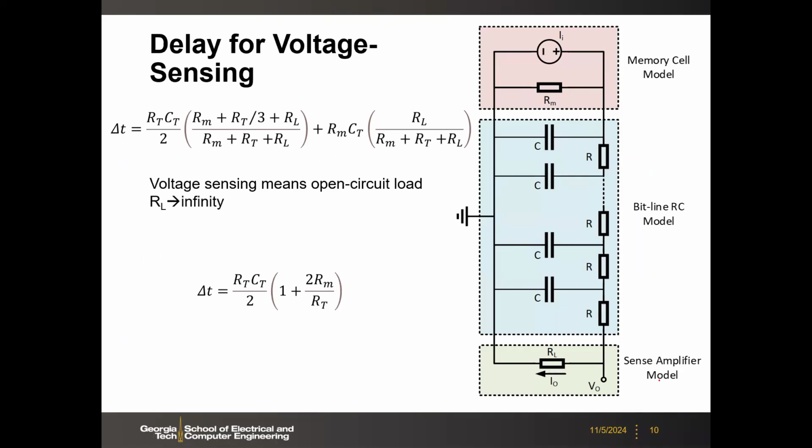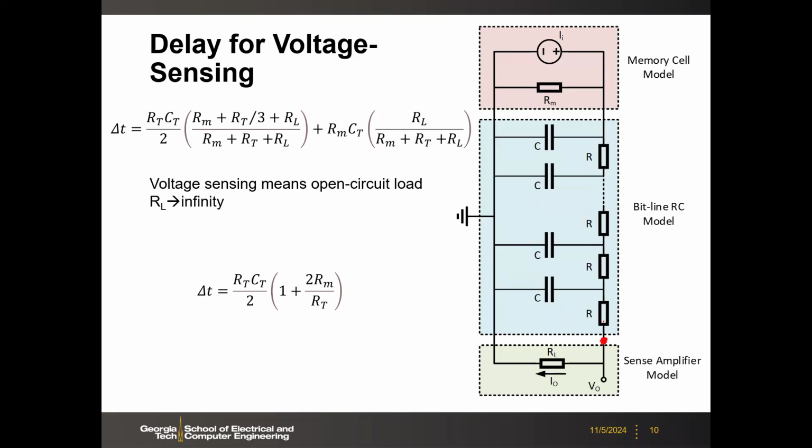The first is voltage sensing. For example, if we pre-charge this node and let it decay and then sense the voltage, like we do in SRAM and DRAM, that is voltage sensing. What does that mean for the sense amplifier? If it's a voltage meter, you are measuring the voltage here.